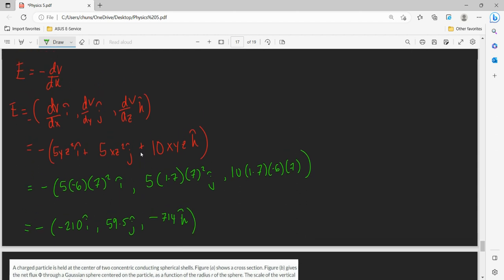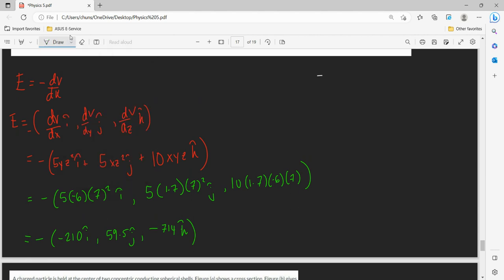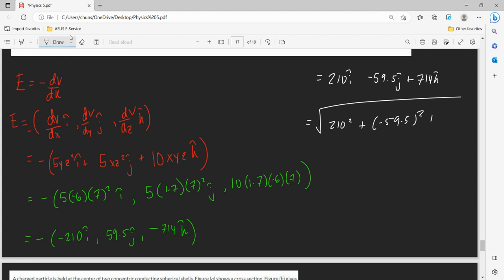So now we want to find the magnitude of this. So let me just distribute those negatives. Won't matter anyways when we square it, but just good practice to be consistent. So now to find our magnitude, we are going to do 210 squared plus negative 59.5 squared plus 714 squared.